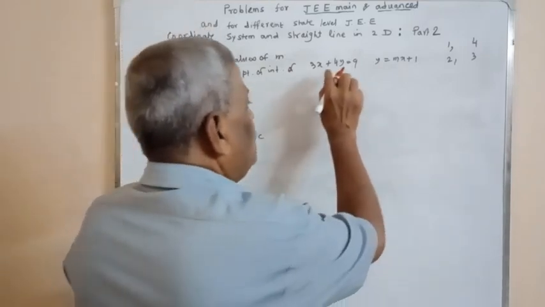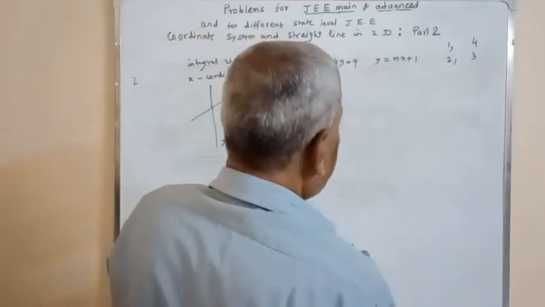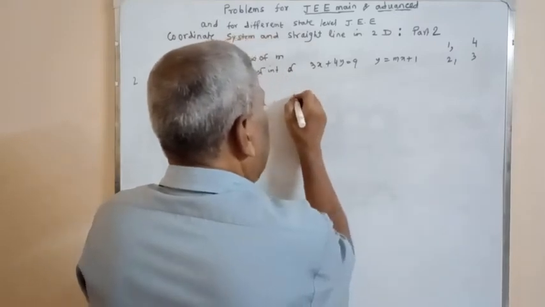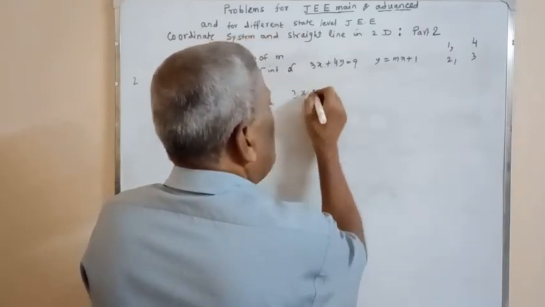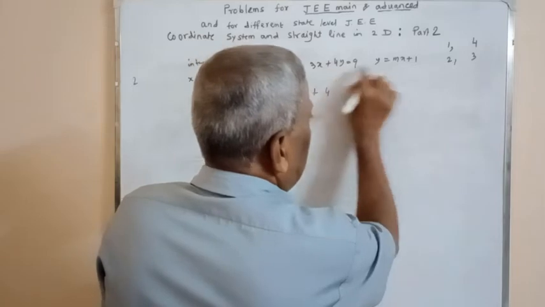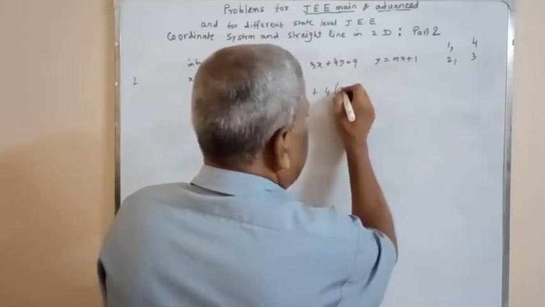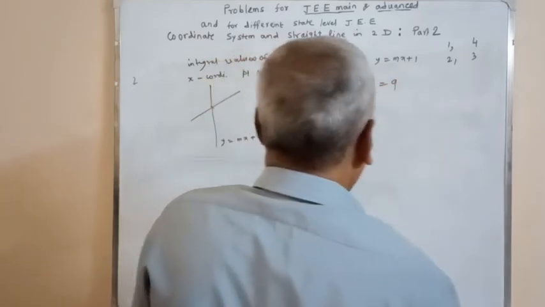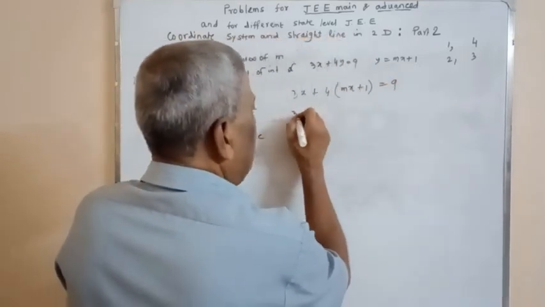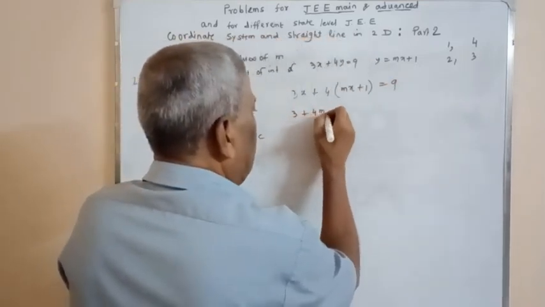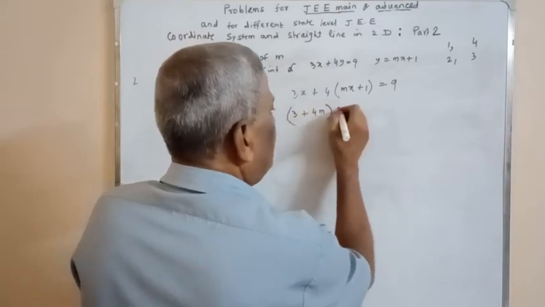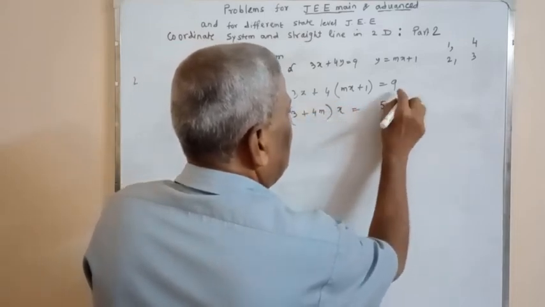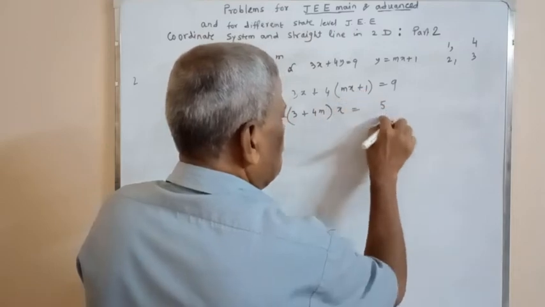Now solving this and that, we get 3x plus 4y, where y means mx plus 1, is equal to 9. That is, 3 plus 4m into x is equal to 9 minus 4, which is 5.